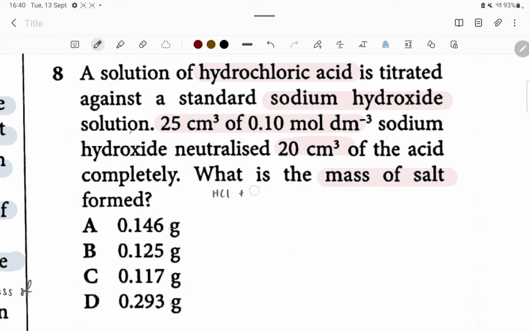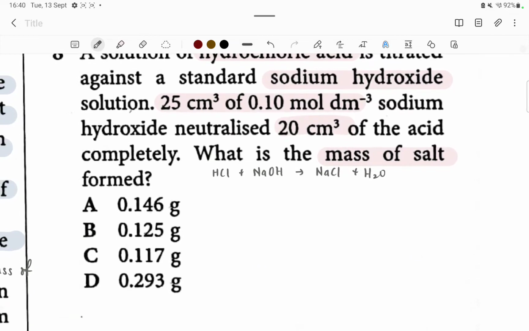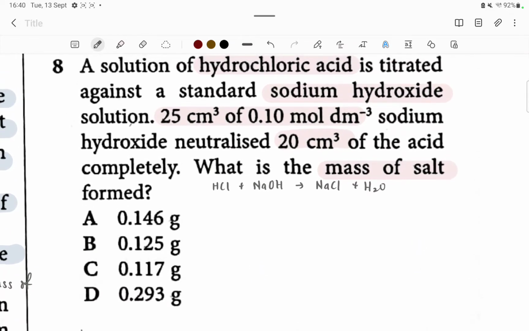So this one, hydrochloric acid plus sodium hydroxide, NaOH, they will form NaCl plus H2O. Because this one is the neutralization, acid plus alkali, they will form salt and water. So they give you the number of moles of NaOH, because by right the number of moles of the NaOH is the same as hydrochloric acid.